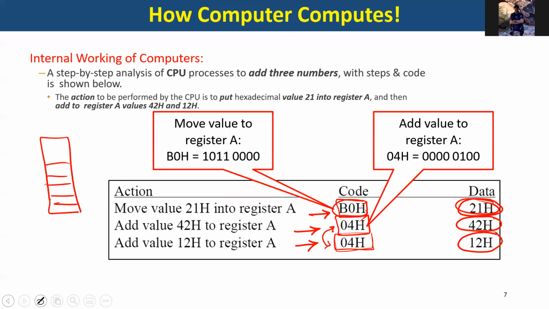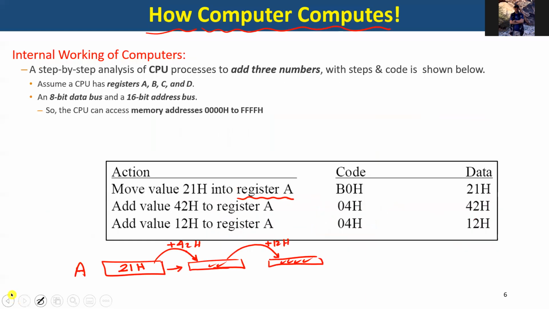So it's mentioned here that this memory has a 16-bit address bus. That means you have a memory like this, and this memory has 2 to the power 16 locations, which is very big.